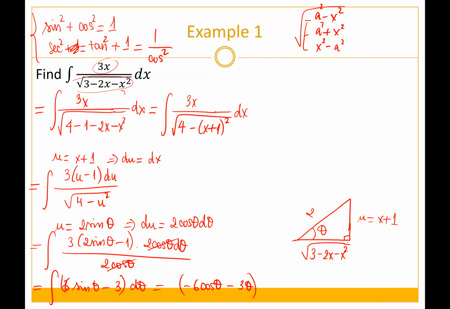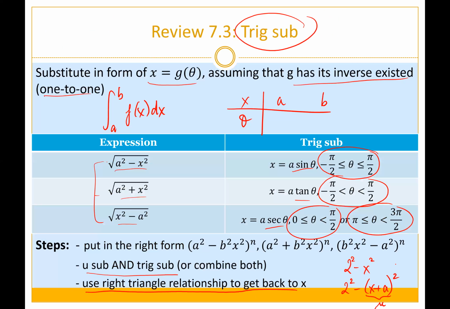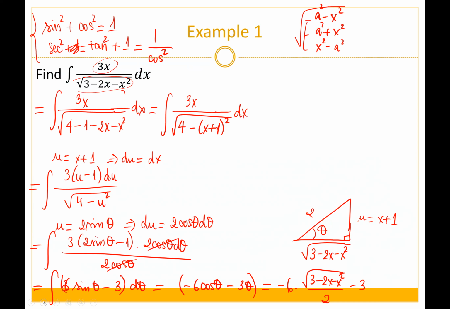And so here, what we have now is negative 6 cosine theta, which is adjacent divided by hypotenuse. So you have the square root of 3 minus 2x minus x squared divided by 2, minus 3 theta. Theta you can write as inverse sine of (x plus 1) over 2, or you can write it as inverse cosine of that, or inverse tangent.